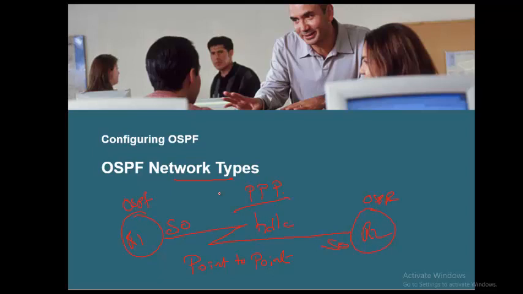Okay. Whenever we have an Ethernet wire connected to the router and OSPF runs on that Ethernet wire, because you advertise the network which is configured on that Ethernet wire, OSPF will say it's a broadcast type because it is Ethernet encapsulation.